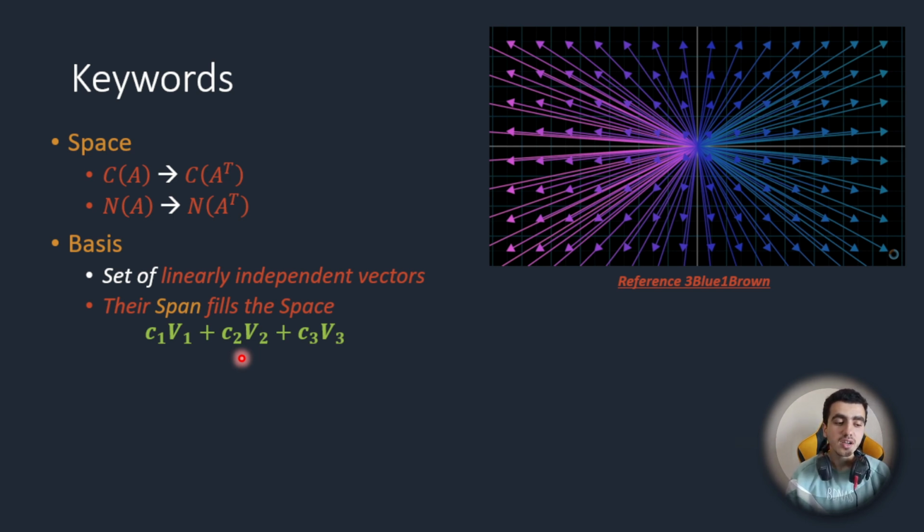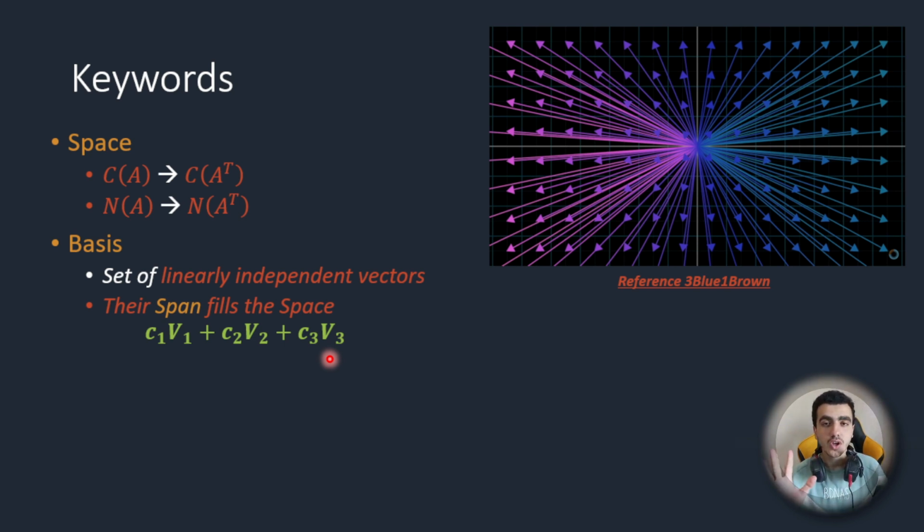And if we take as many combinations as we can, like taking C1, C2, C3 from negative infinity to infinity, fixing one and changing the others, this will generate too many vectors.